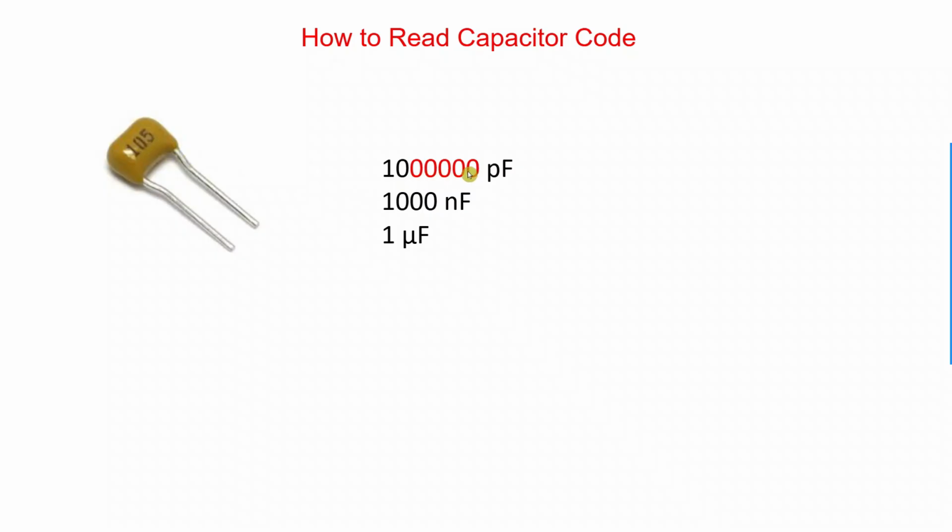Now divide by 1000, you will get 1000 nanofarad. Again, if you divide by 1000, you will get 1 microfarad. So the value of this capacitor is 1 microfarad, or you can say this is 1000 nanofarad.